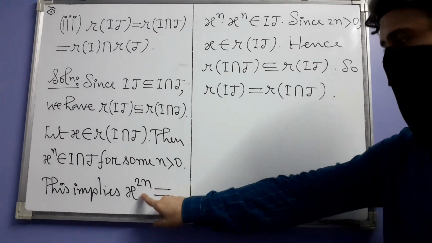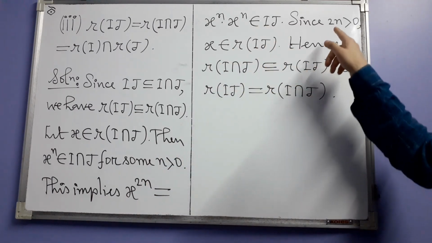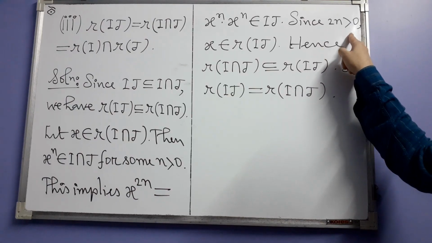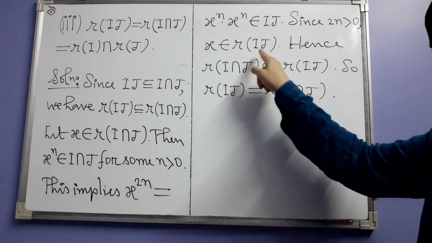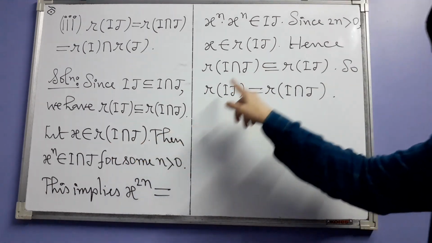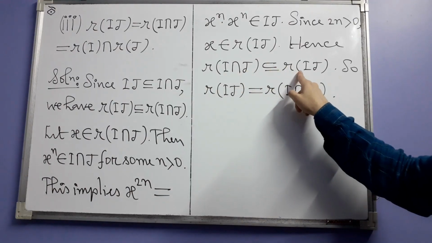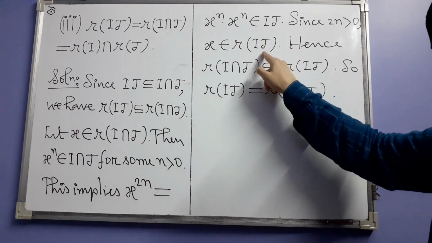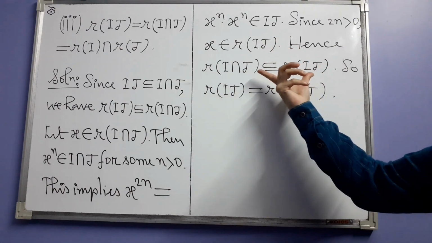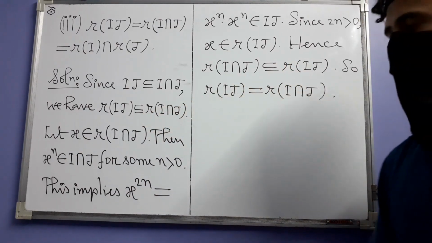Now we have the fact that x to the power 2n belongs to ij, and ij of course is an ideal, and 2n is a positive integer, so x will belong to the radical of ij. So that way any element here is also here. So this is a subset of this. So now you combine this containment and this one and have equality.